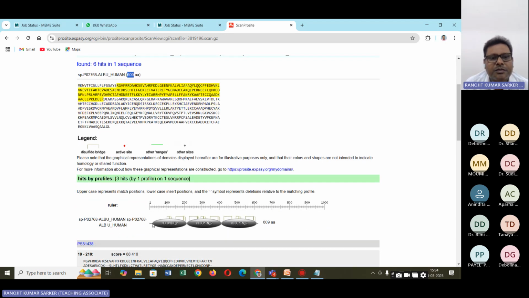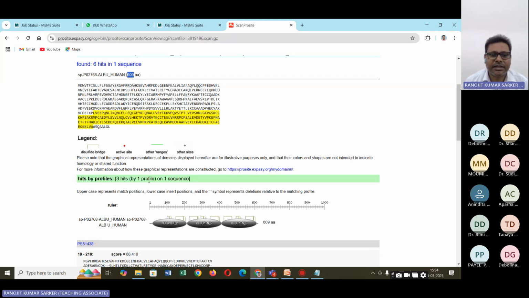You can see from which position to which position the sequences are. This is domain number one, the albumin domain. So in my human albumin sequence, it has three different domains. Can you see these symbols?